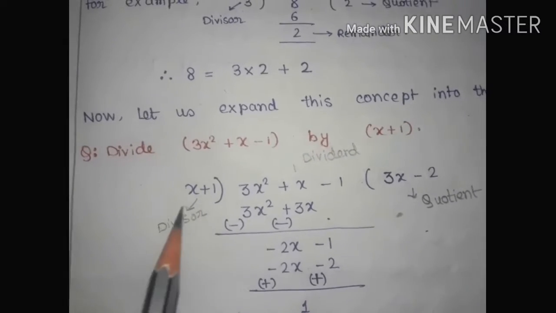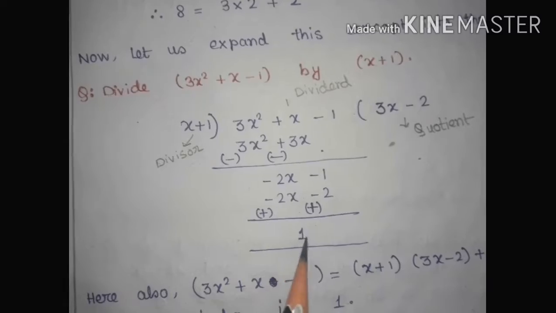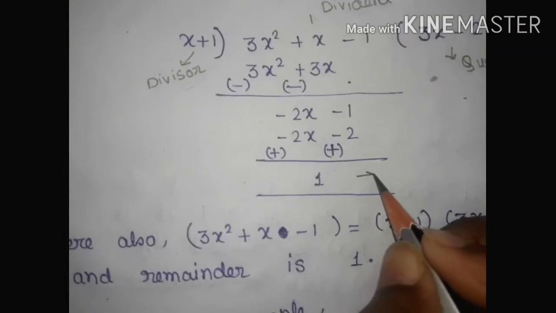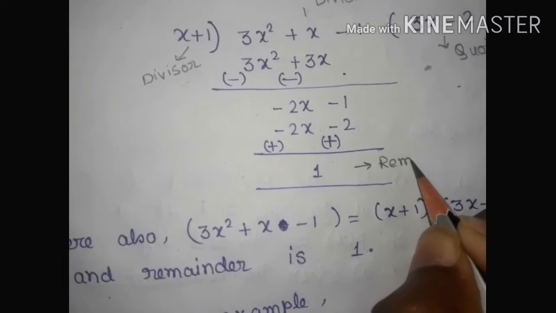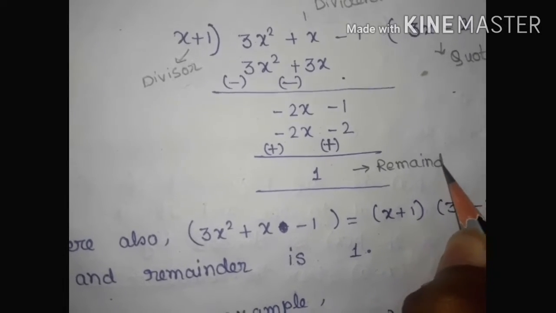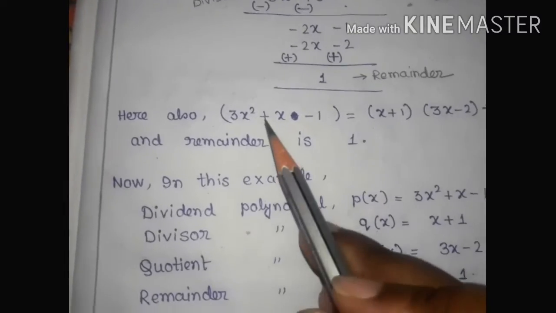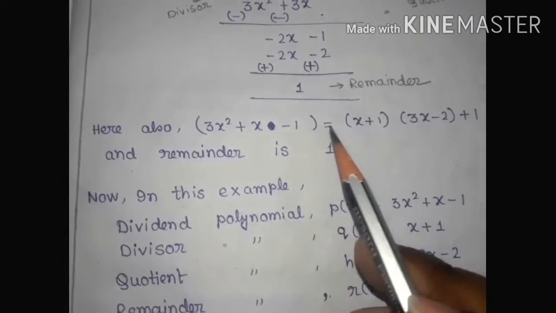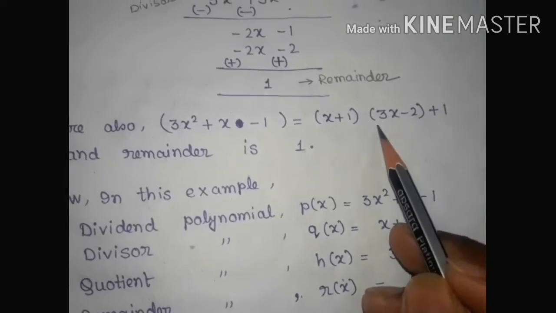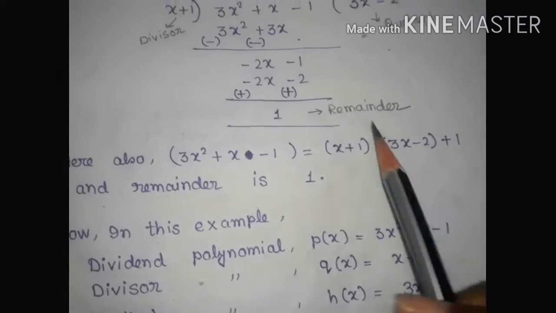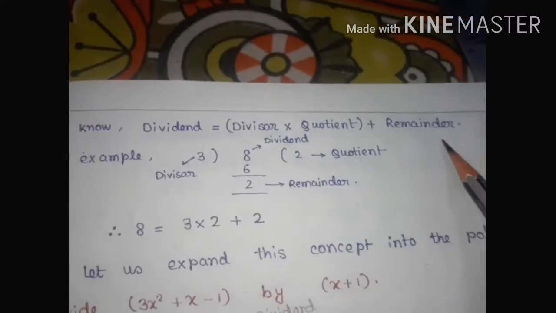We divide in the usual way and get the remainder 1. Here also 3x square plus x minus 1 equals x plus 1 into 3x minus 2, plus 1. That means this formula is satisfied.